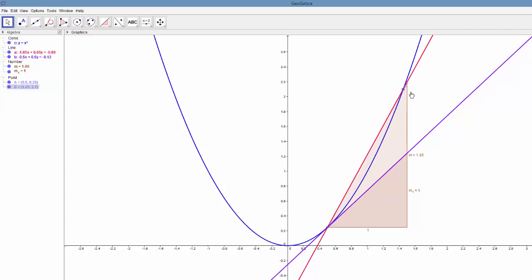So how are we going to calculate the slope of the tangent line? By using 2 points. What we're going to do is move point B closer and closer to our point A. We can move it as close as we want, but we're never going to actually let it become equal to point A. So as I start moving it down towards point A, you can see that its slope is becoming closer and closer to the slope of the tangent line.